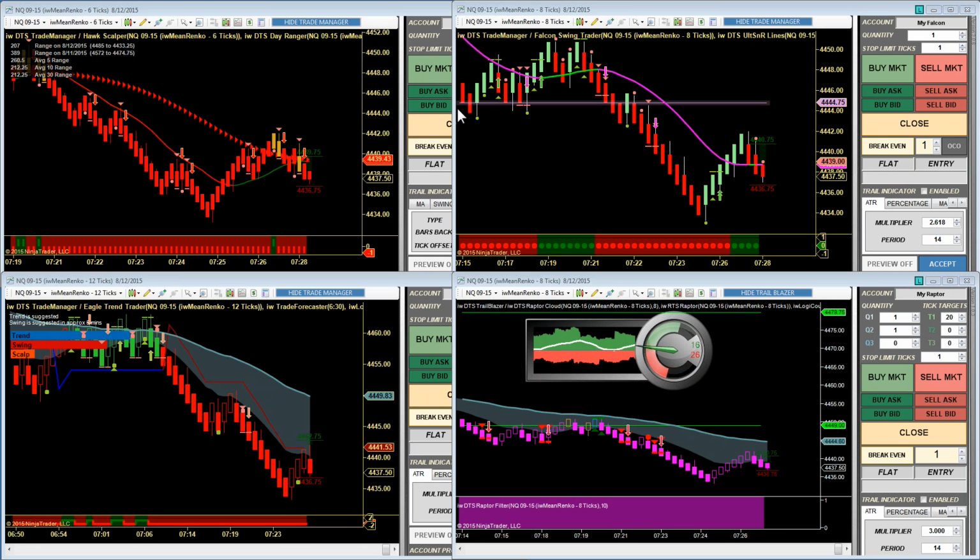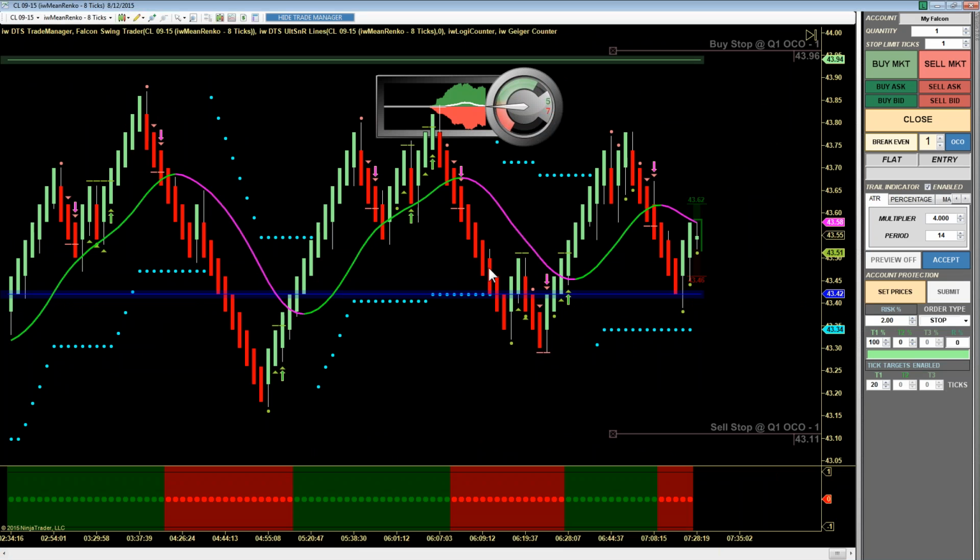All right, here's crude oil. The calm before the storm. Look at how neutral the needle is here on the Geiger counter. The market is so evenly balanced.